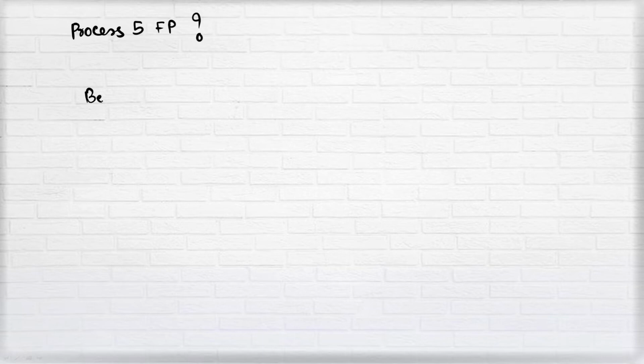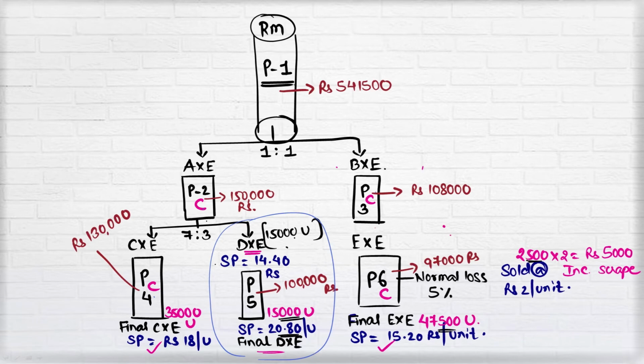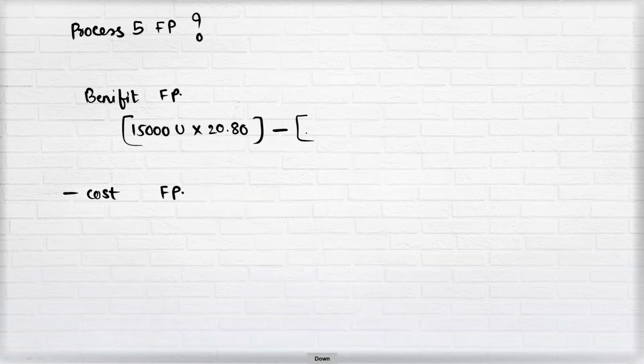What is the simple answer? Benefit of further processing minus cost of further processing. What will be the benefit if I further process? I will be able to sell 15,000 units at 20.80, instead of selling 15,000 units at 14.40.